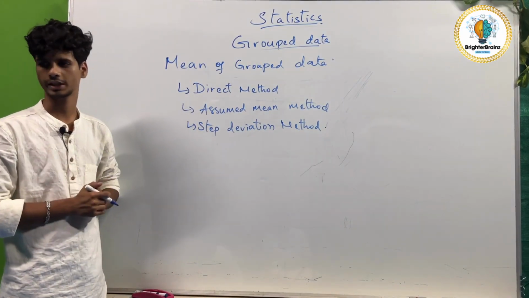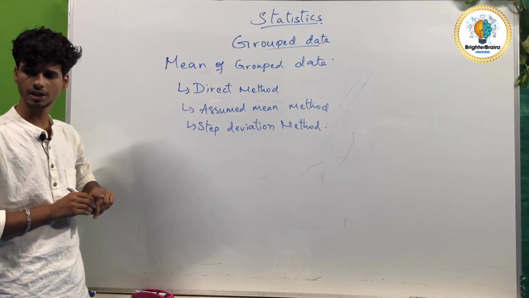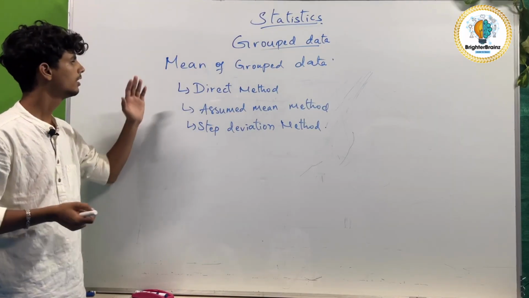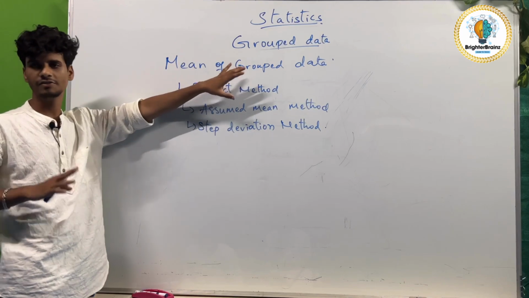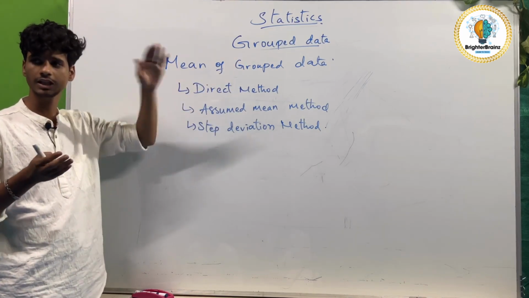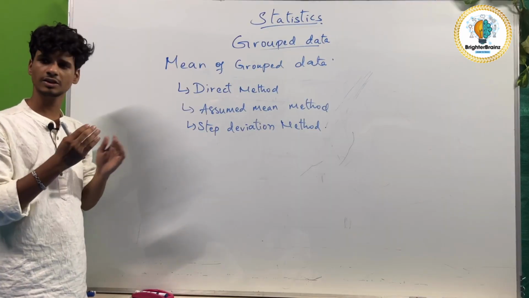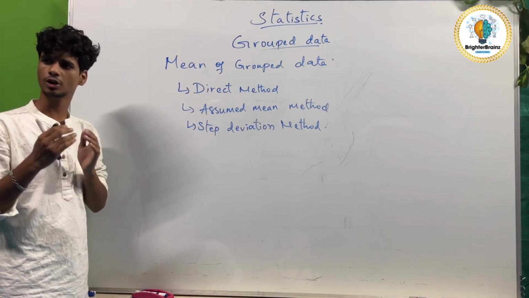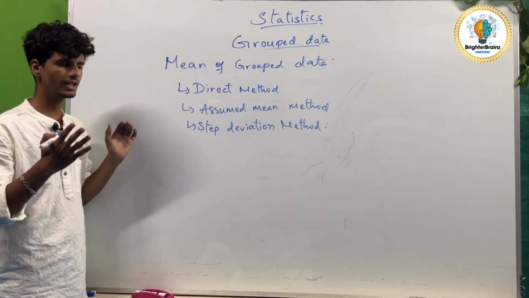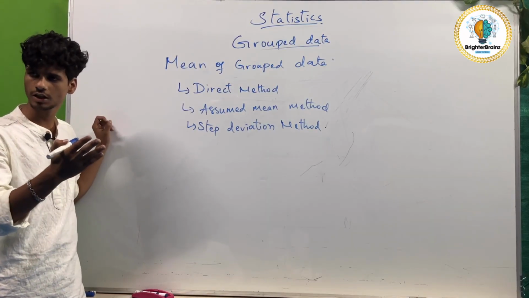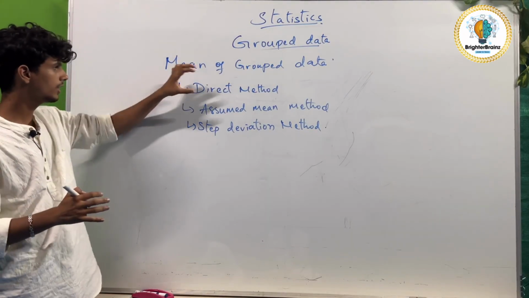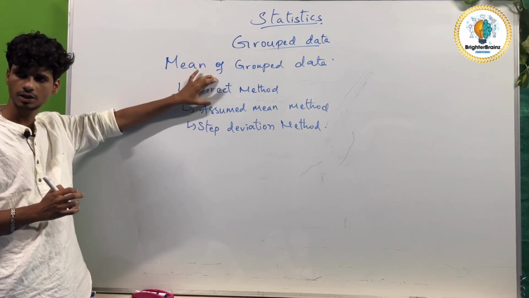Okay, mean of group data. For the direct method, if there are smaller values in the class intervals or frequency, like single digit or double digit values around 20, 30, 40, you can use the direct method and it can be solved easily.